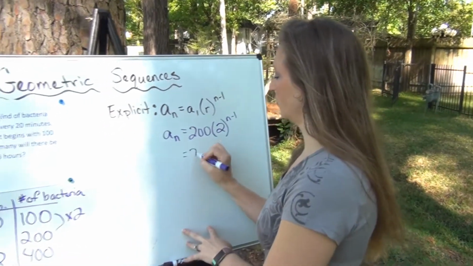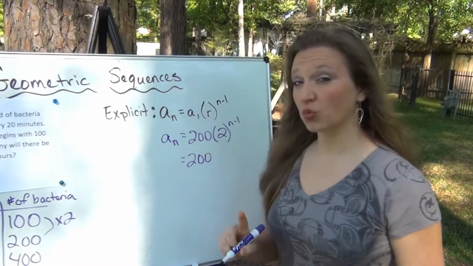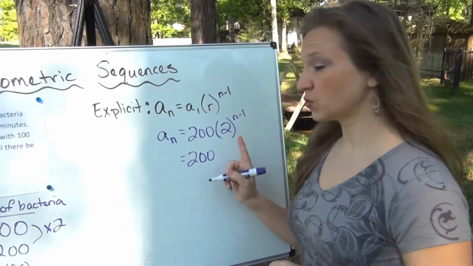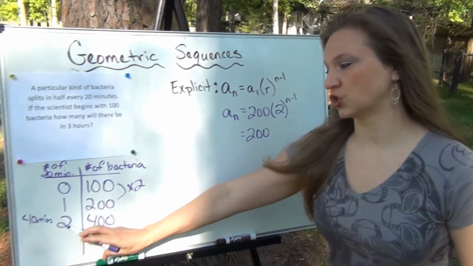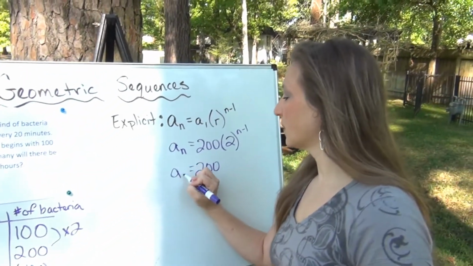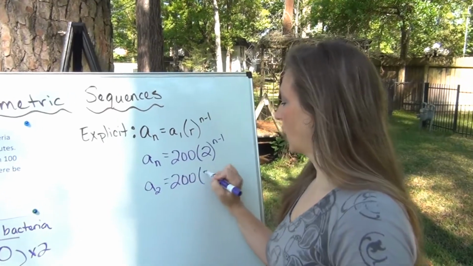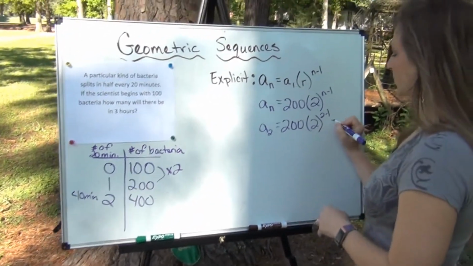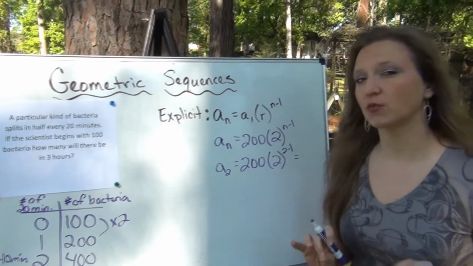All right, so let's check our rule to make sure that it's working the way we expect it to work. If this rule works, when I plug in 2, I should get 400. So A sub 2, and I'm going to plug in 2 for n. Let's just verify. I should get 400 if I wrote the correct rule.